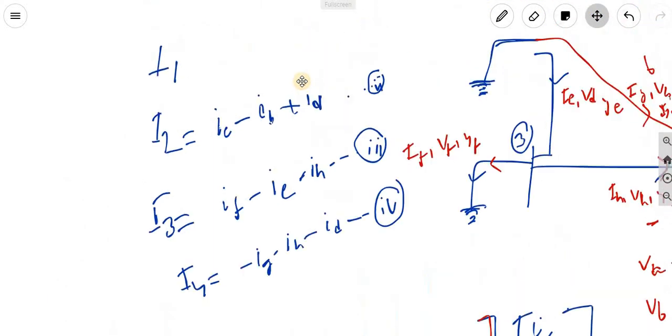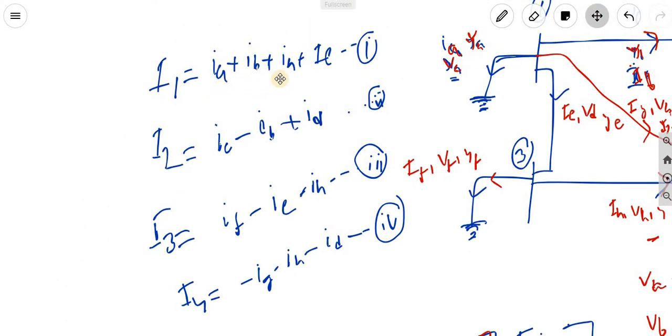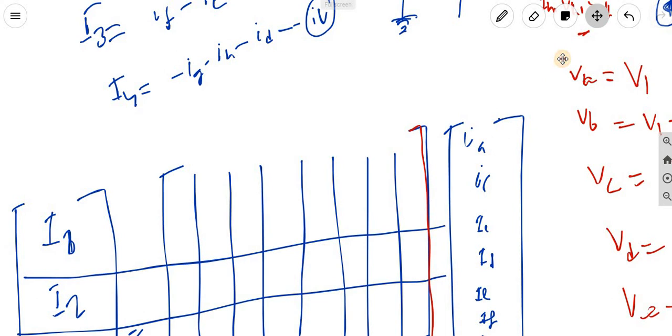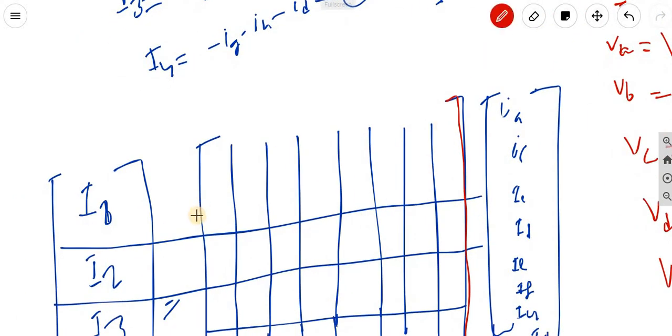So what we could get? A, B, C, and A, B, A, C. A, B, C, D, E, F, G, H. Okay.